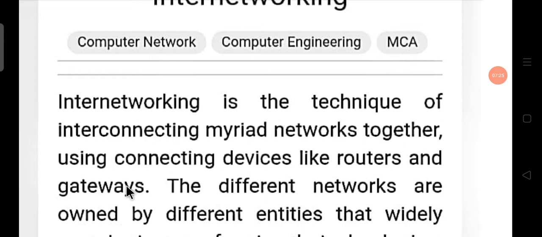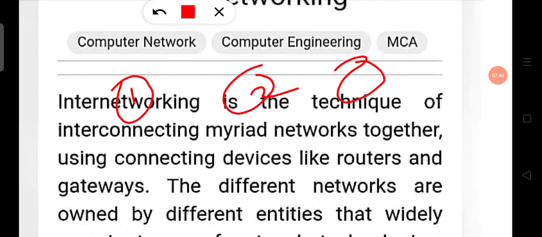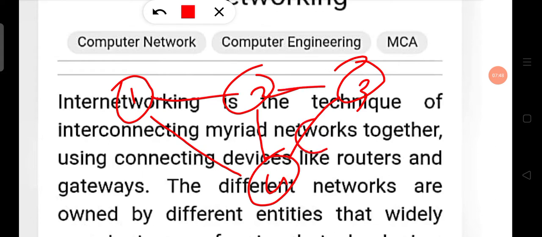So internetworking means connecting many networks. Let's say 4 networks are there: 1, 2, 3, 4. To connect these four networks by using a gateway or router.